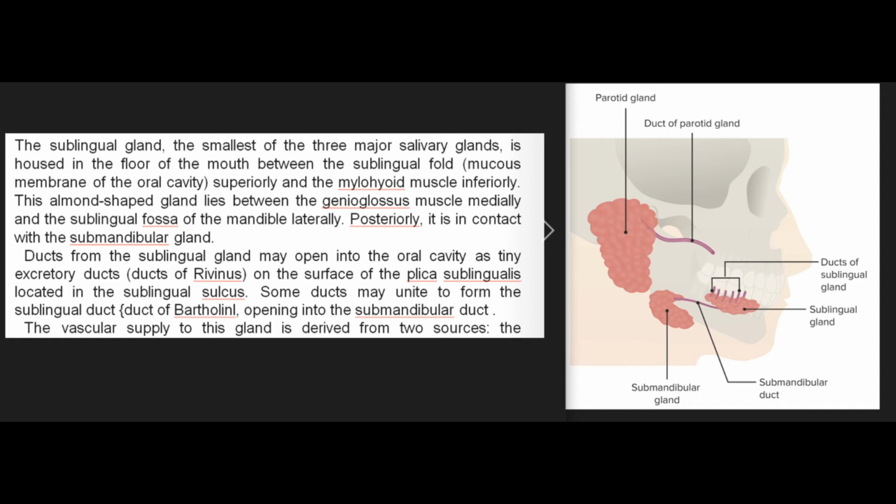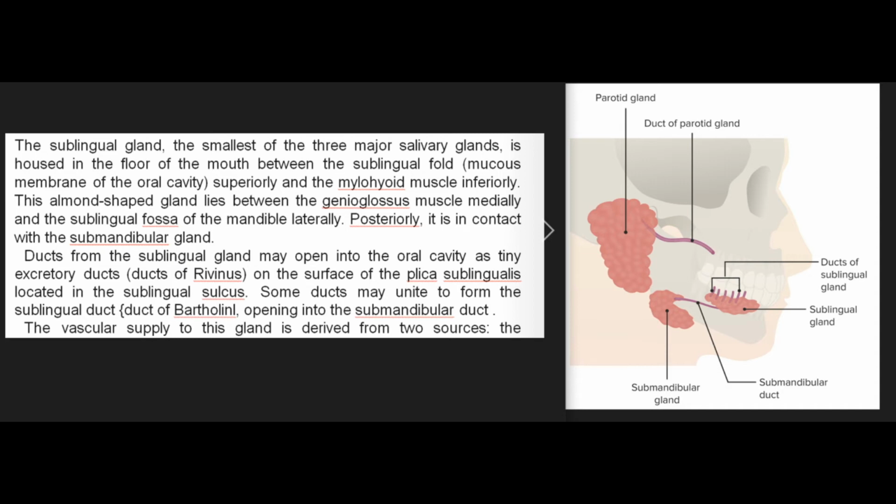Posteriorly, it is in contact with the submandibular gland. Ducts from the sublingual gland may open into the oral cavity as tiny excretory ducts, ducts of Rivinus, on the surface of the plica sublingualis located in the sublingual sulcus. Some ducts may unite to form the sublingual duct of Bartholin, opening into the submandibular duct.